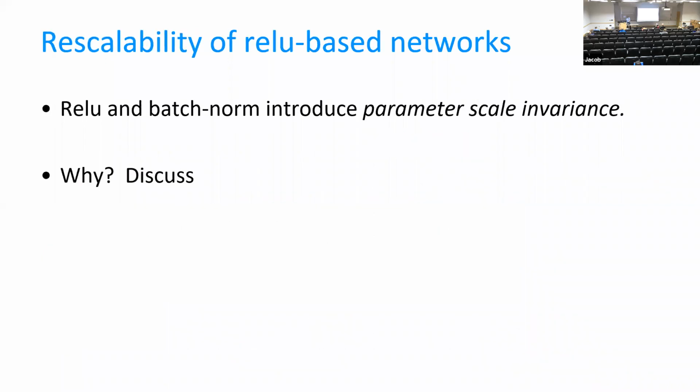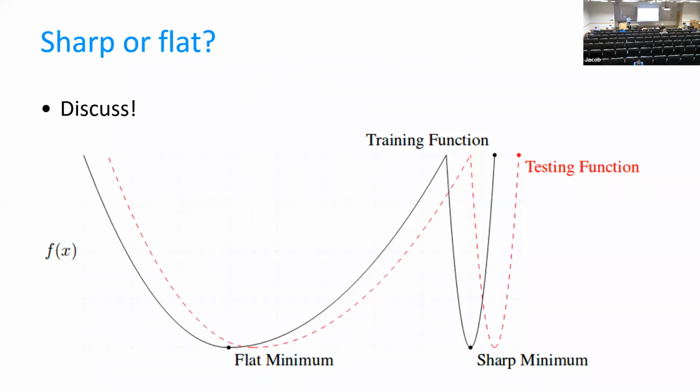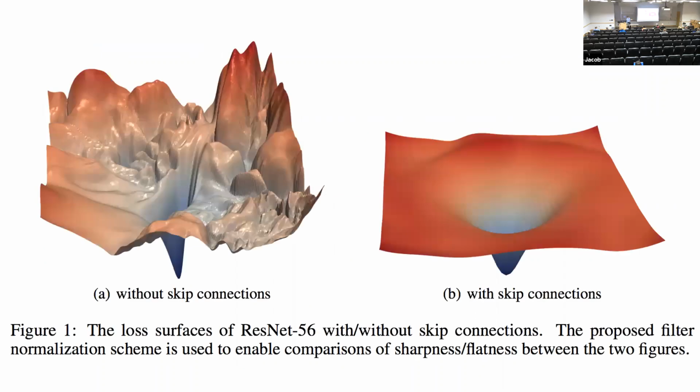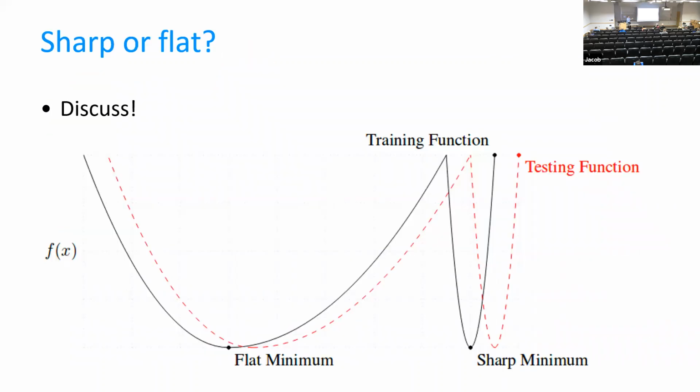However, people have found that this is not always the case. And this is one of the first things that the paper points out, that you can get into trouble when making a visualization of a loss landscape like this. This is a 2D visualization of a loss landscape, and this is a one-dimensional visualization.